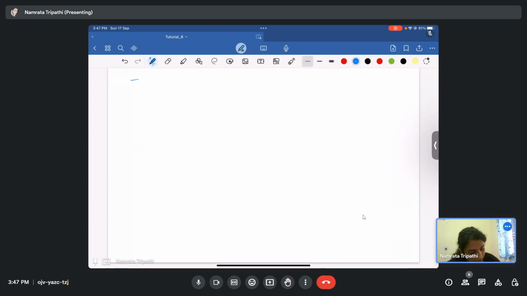After integrating, you will get the expression. I'm just writing the expression. And second, 2y plus x plus iota 3x is equals to C2.